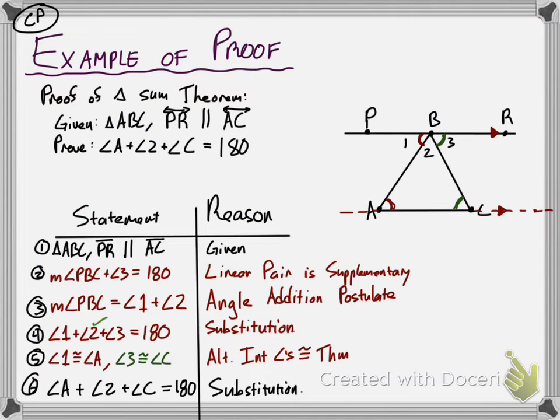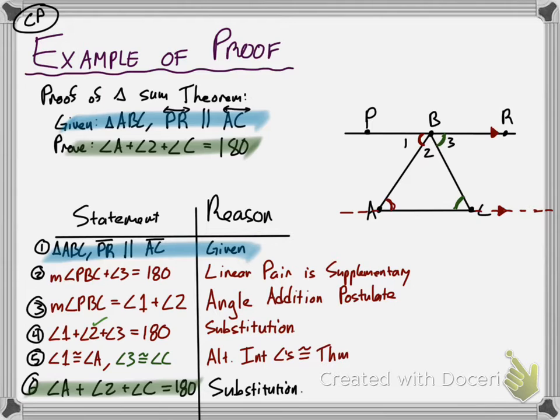So this is the example of a proof from honors classes. We talked about this in chapter 3.5. And here you can see that we have our given, and that is written in the proof as our first step. We have our prove, which is the last step.